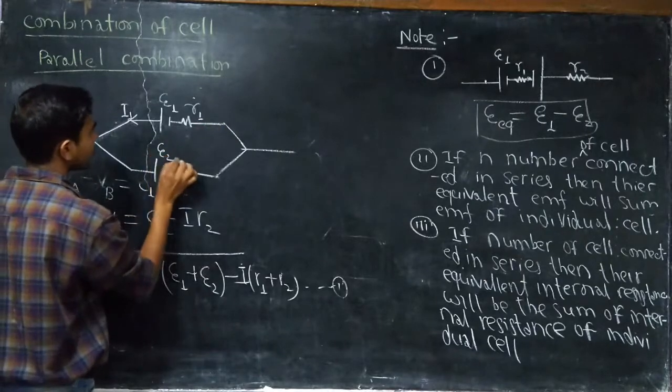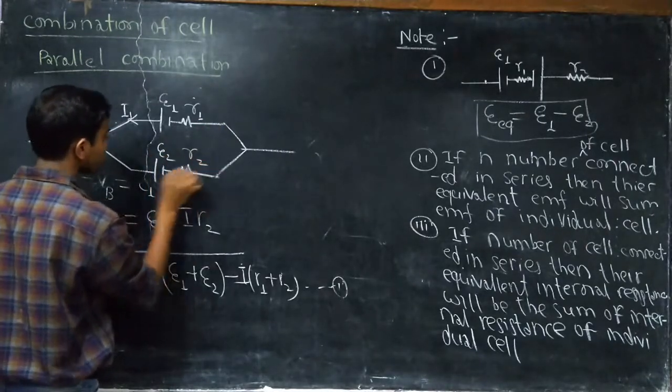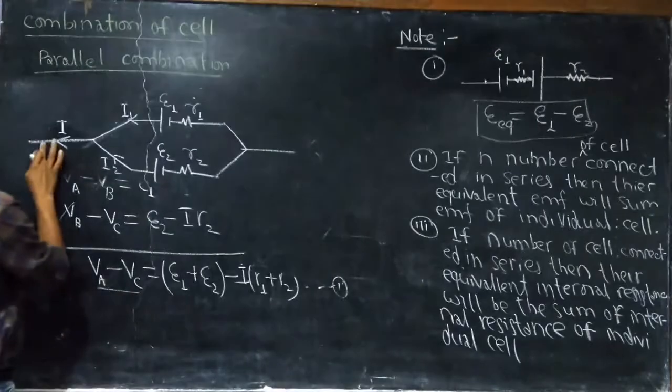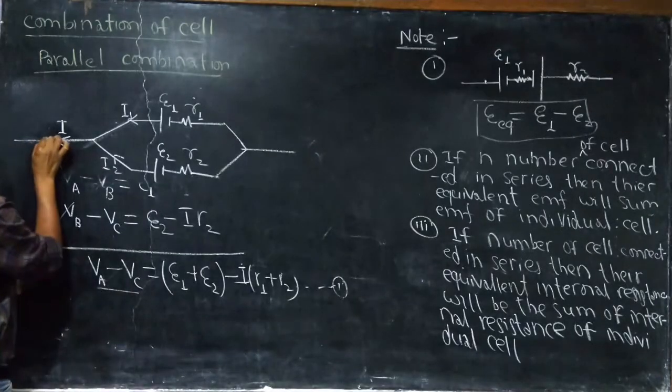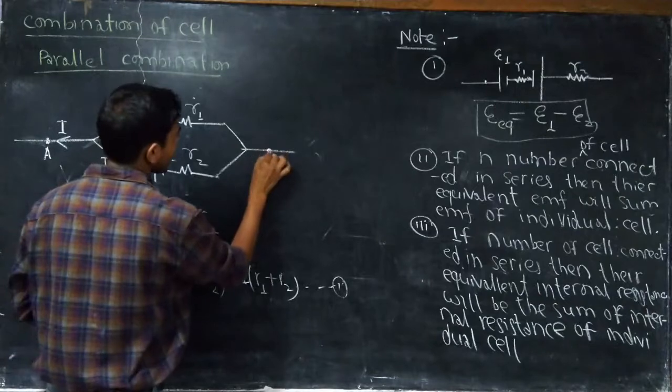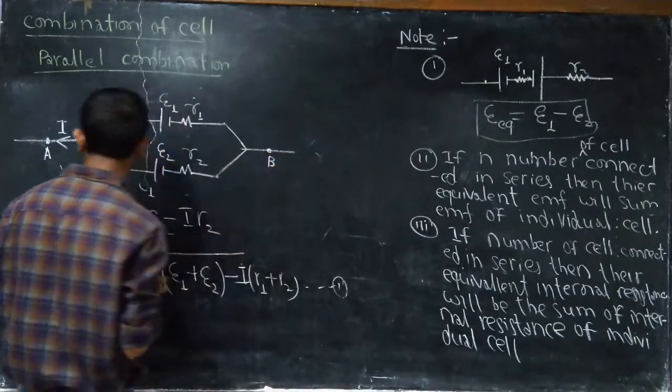This is your cell 2, internal resistance is R2, and current coming out is I2, right? And this is connected across these two points, okay? So suppose this is your point A and this is your point B.